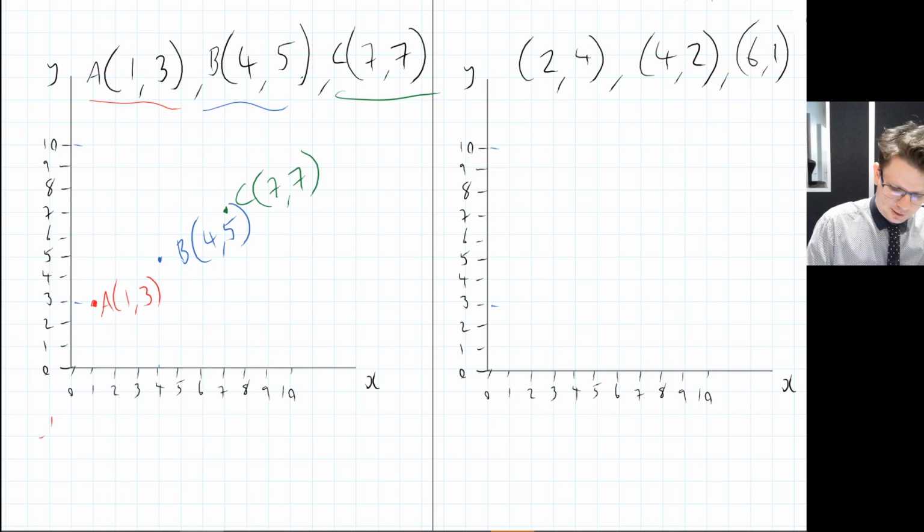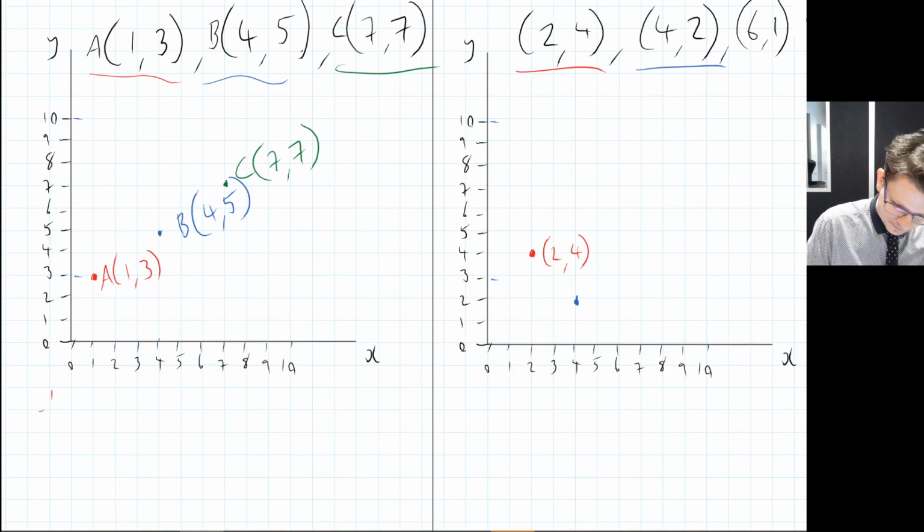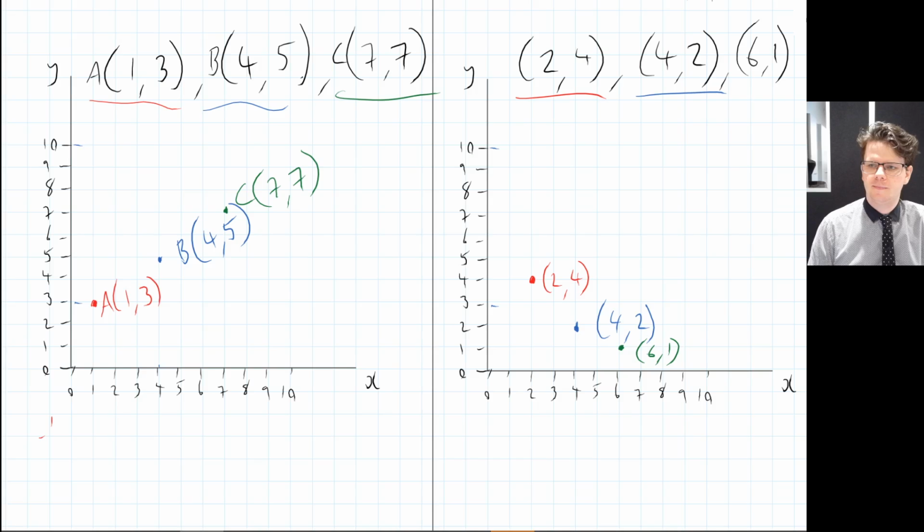That's right there. 4, 2 is 4 across, 2 up. And last one is 6, 1, 6 across, 1 up. Just like that. Alrighty, so you see these are the 3 points that we've just had a look at.